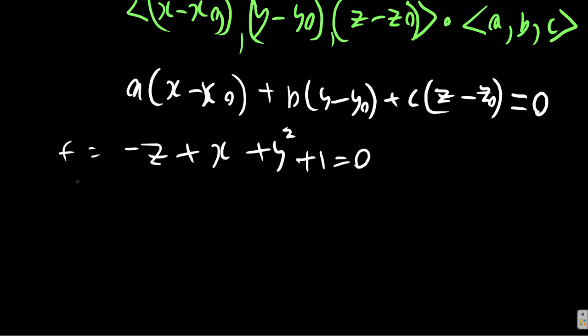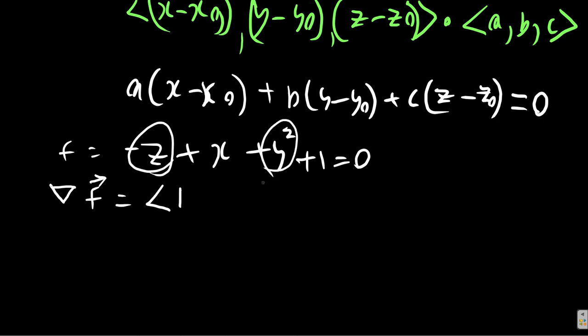Alright, so the gradient of the function would be the partial of f with respect to z, in this case negative 1, remembering that the other variables are constants for now. Then for x, we have x here.